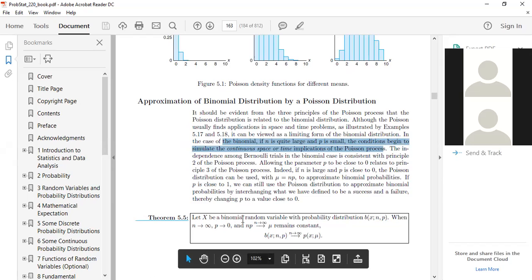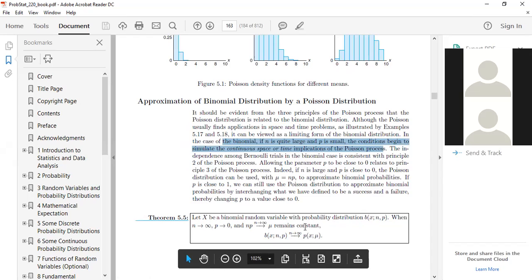So let X be a binomial random variable with probability distribution b(x; n, p). When n tends to infinity and p tends to 0, meaning the number of trials goes to infinity and the probability is extremely small, then np tends to nu, and the binomial distribution is approximated by the Poisson distribution.